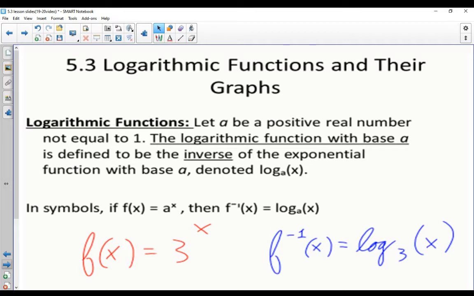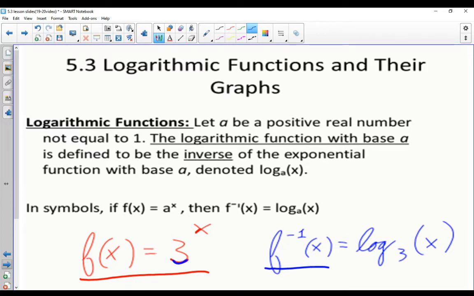So in other words, if you have an equation where your base is a number and then your exponent is x, you can assume that the inverse of that equation would have log with it, where this base number ends up being here as the base number. And then your exponent would end up going here.